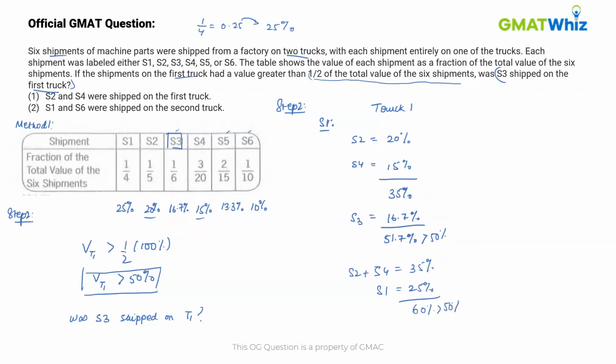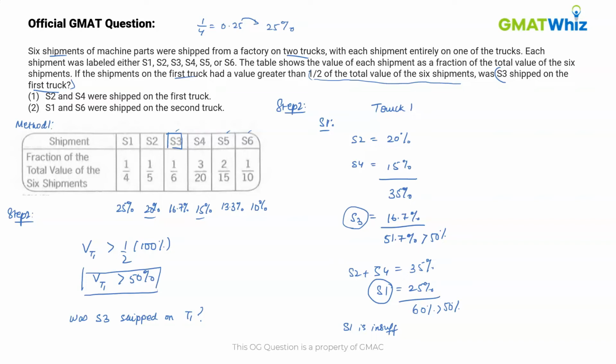So we are not sure if S3 or S1 was shipped on truck 1. So we conclude that statement 1 is insufficient, as both the values of the shipment S3 and S1 make the total value on truck 1 greater than half the total value.